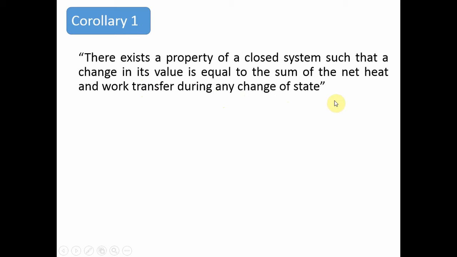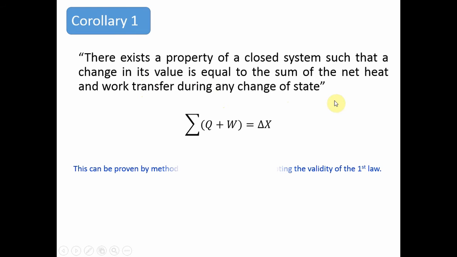So this is a property whose value depends on the net heat and work transfer during a process. In an equation, we can write summation of heat and work transfer is equal to the change of the property. Because it is an unknown property, let us mark it as X.